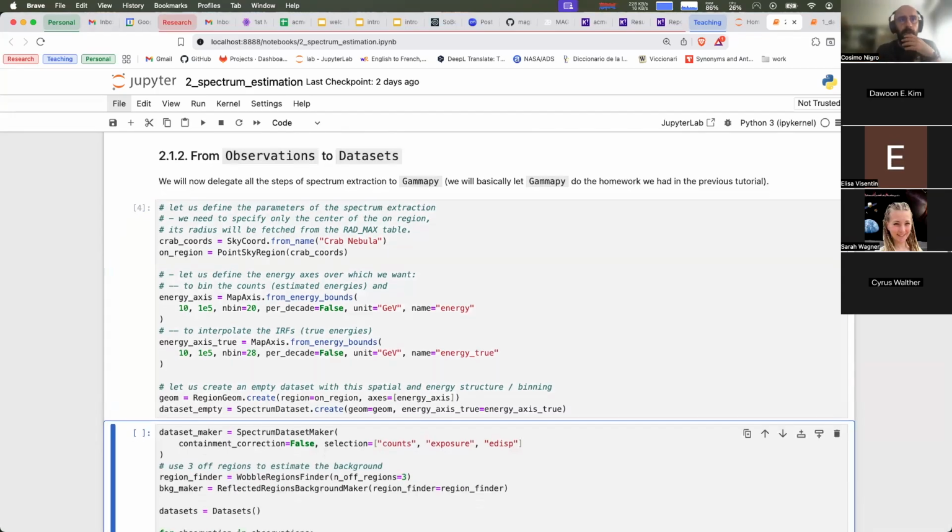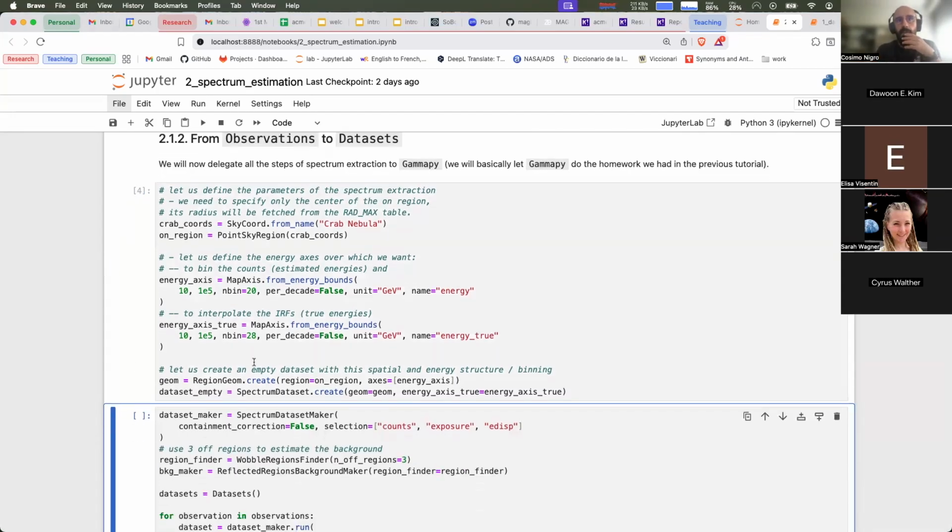Okay. So we create a geometry, which is a representation of the type of data that we want to use. We want to do a 1D analysis, so we want to consider only the energy distribution of the events. So the geometry that we consider is one pixel with an energy axis.